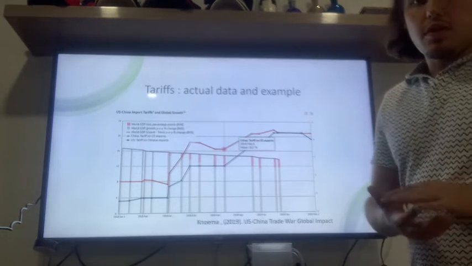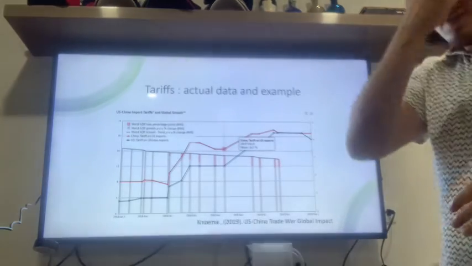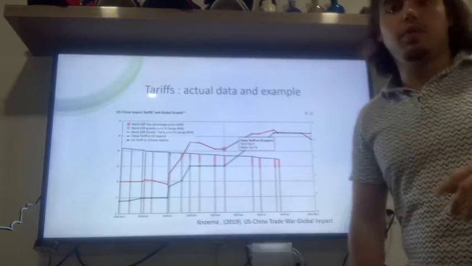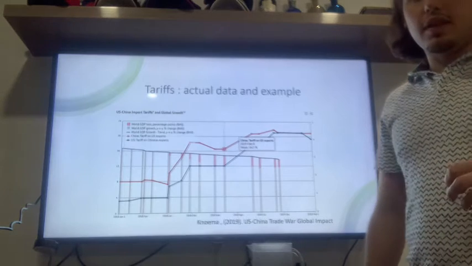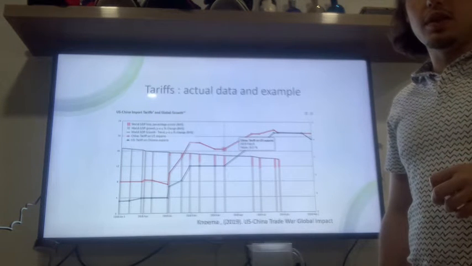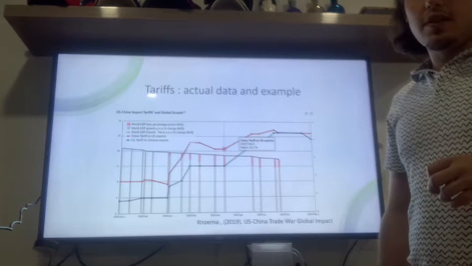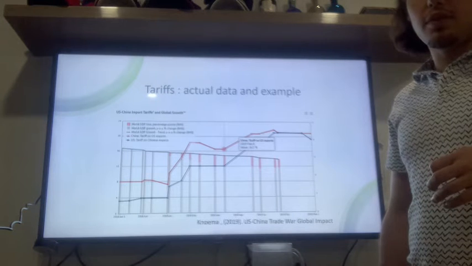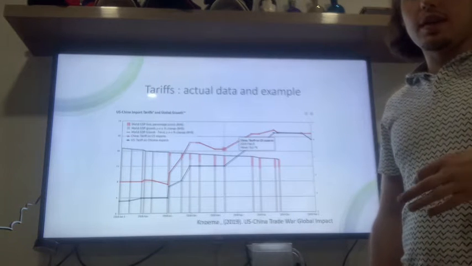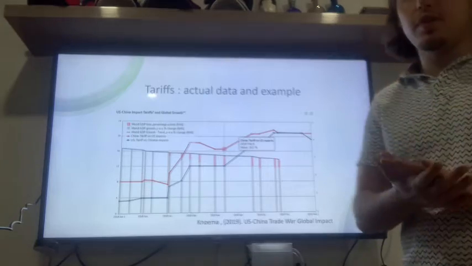So in 2020, US tariffs on Chinese exports are at 19.3%, while in 2020, China's tariffs on US exports are at 20.9%.